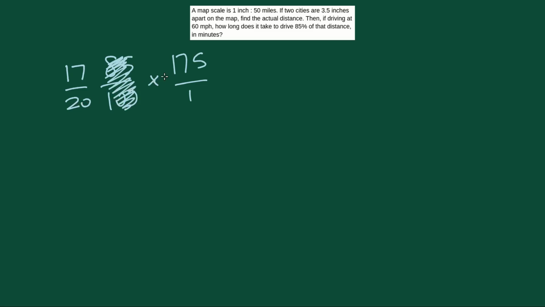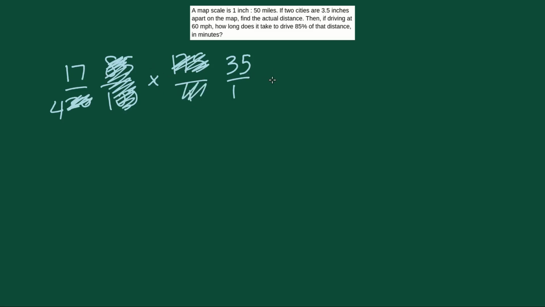And between 20 and 175, we can divide by 5 and 5 again. 20 divided by 5 would be 4. And 175 divided by 5 would be, let's see, 5 goes into 17 3 times with a remainder of 2. 25 divided by 5 would be 5. 35 over 1.